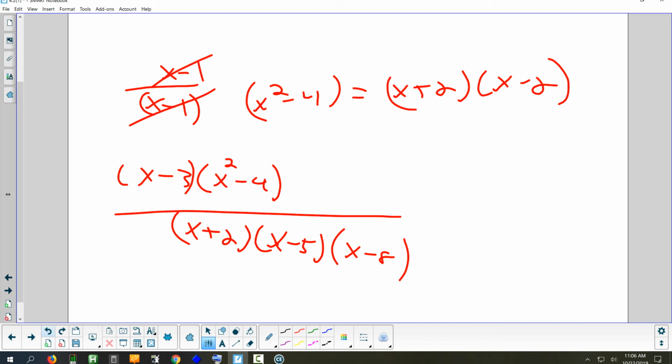That's not completely factored yet. So in order to see where there's a hole, you have to completely factor something. So technically now this would cause there to be a hole at x plus 2. So in order to find holes and asymptotes, completely factor everything. Other questions on that?